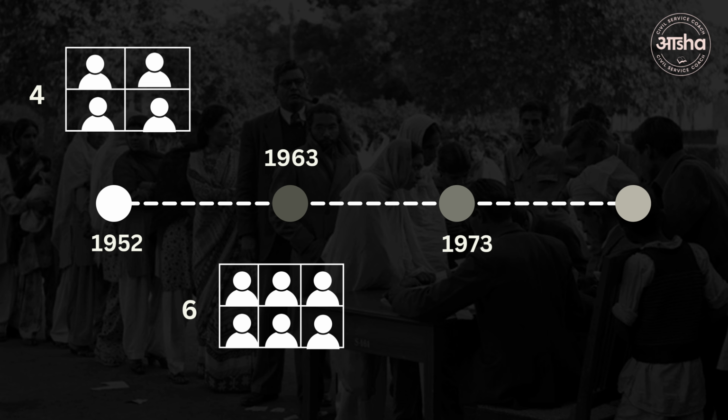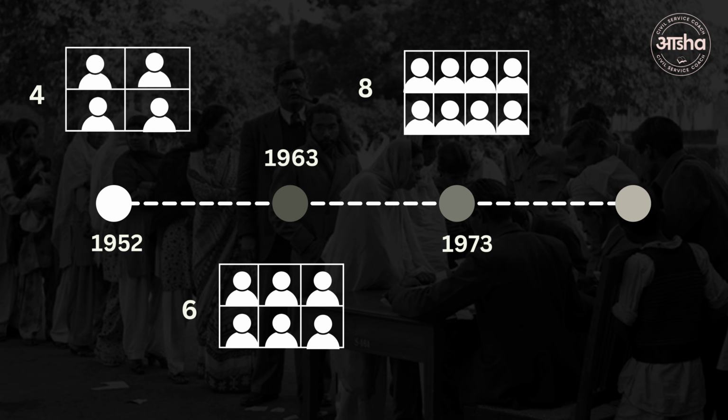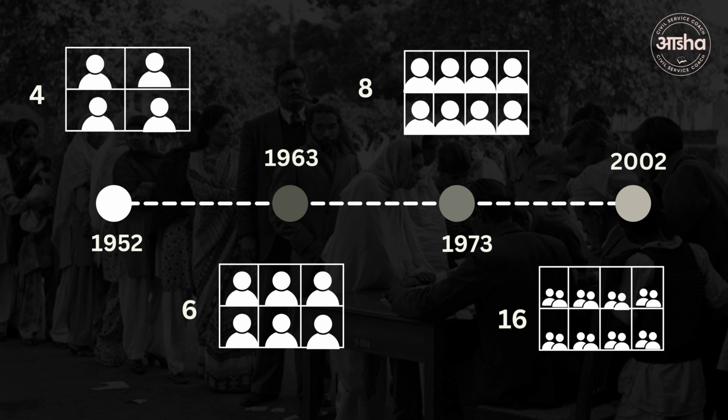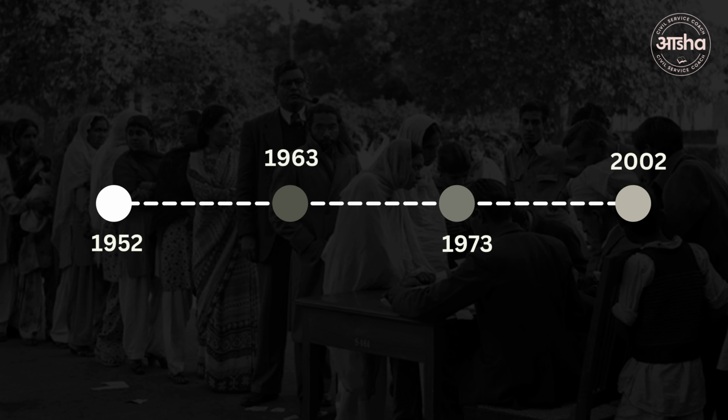In 1973, the 8 members are adjusted into 8 further smaller rooms. By now, the rooms are frozen. After 29 years, when the family grows huge, the members are adjusted into the same 8 rooms. This is exactly what happened after 1973. The seats or the constituencies were fixed.